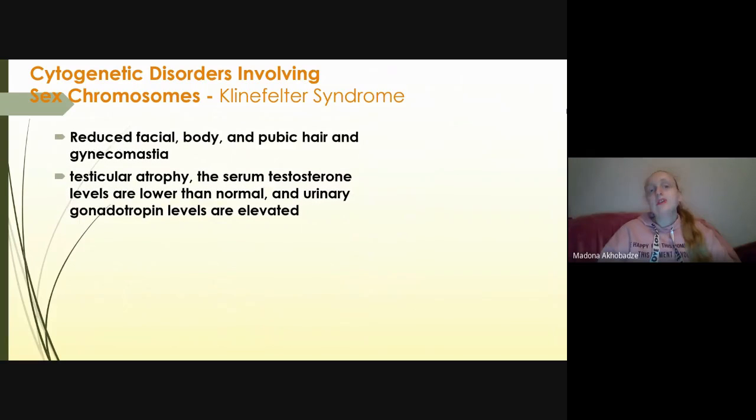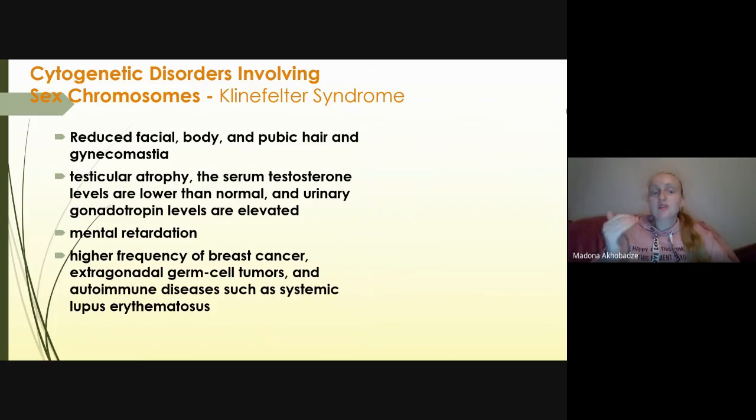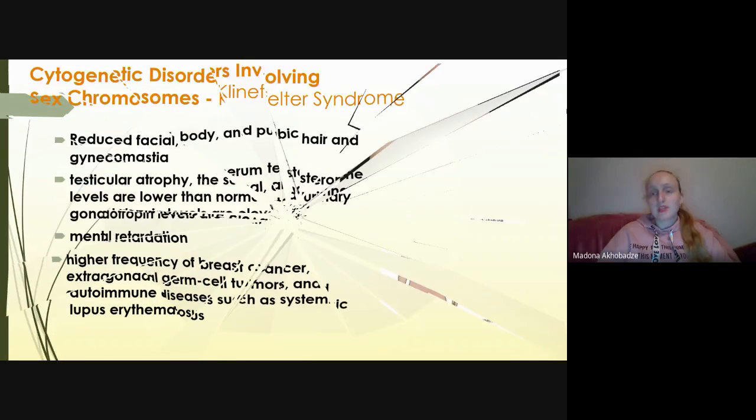Testicular atrophy; serum testosterone levels are low, and urinary gonadotropin levels are elevated. Mental retardation is one of the features, there is a high frequency of breast cancer in males, and autoimmune diseases like systemic lupus erythematosus are very common.